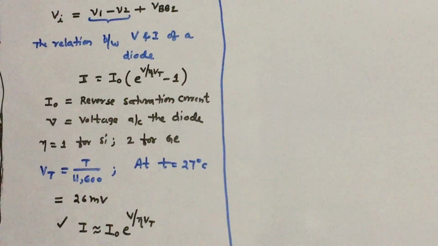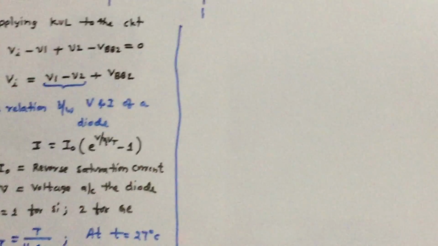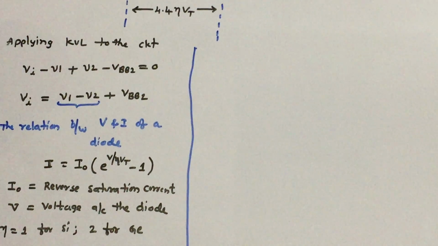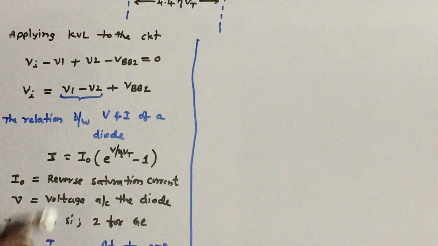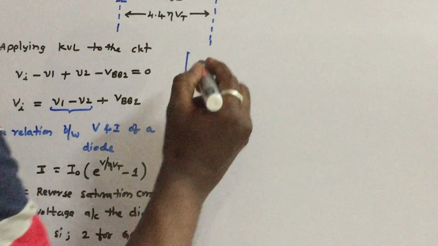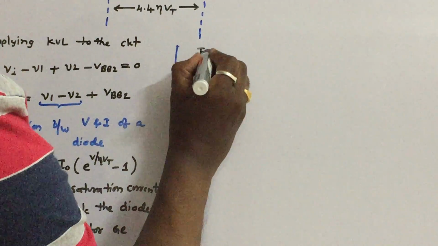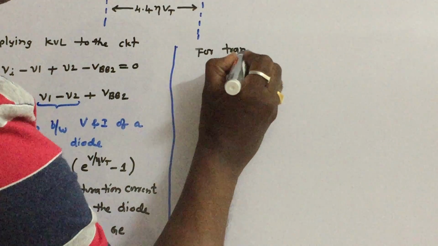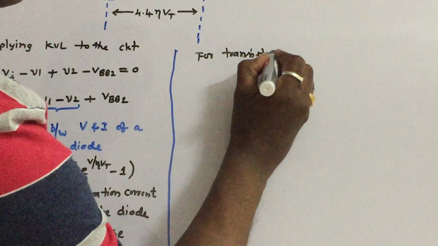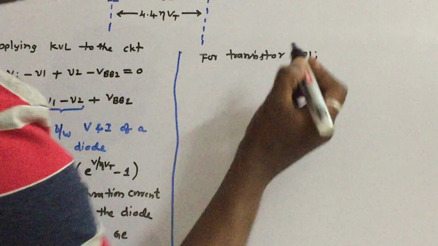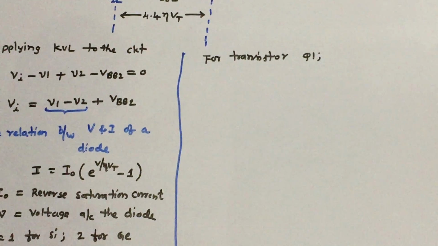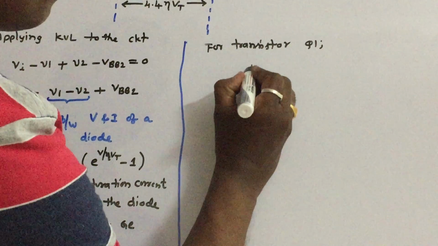So let us check it out. From the circuit, for transistor Q1, let us write the current through the transistor, I1.